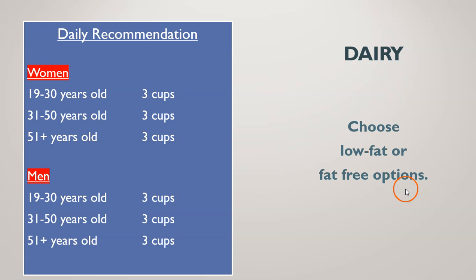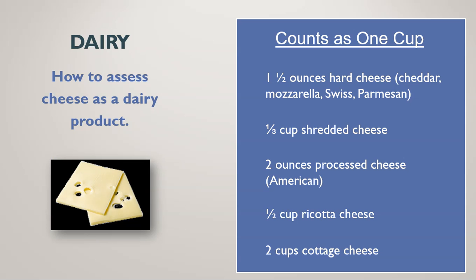So, how much are you supposed to consume in a day? And this is considered the minimum, and it's easy, 3 cups. So, we'll just move along here. Now, cheese as a dairy product. This is where it gets very confusing. This is how cheese gets measured.